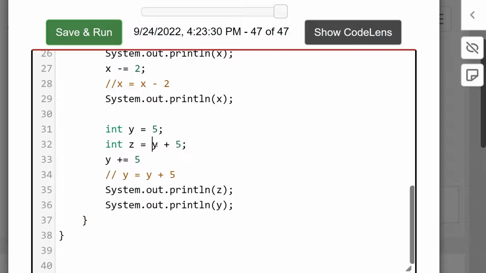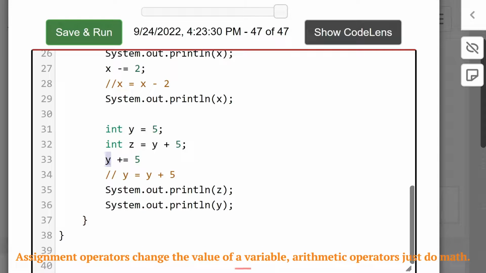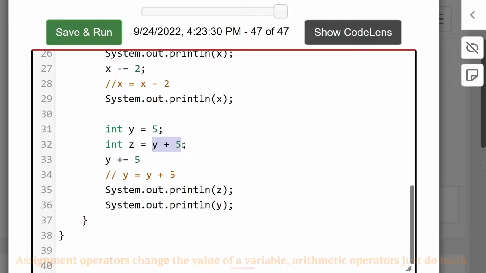It's the exact same expression, except now instead of changing the value of z to equal this, we're changing the value of y to equal this. And that's the difference between just a regular expression like this and an assignment operator. A compound assignment operator changes the actual value of the variable. Meanwhile, just doing y plus 5 doesn't change the value of the variable. The variable still remains a 5, while in this case, the variable would become a 10.